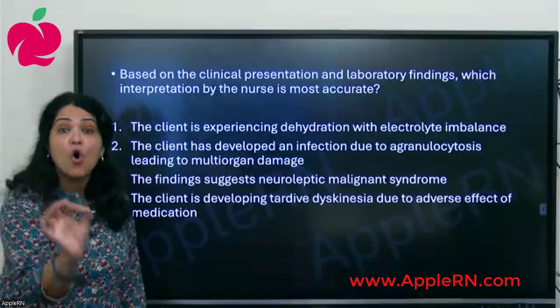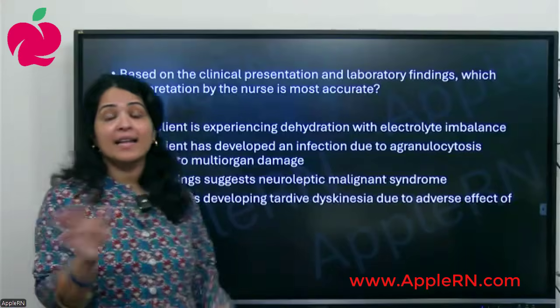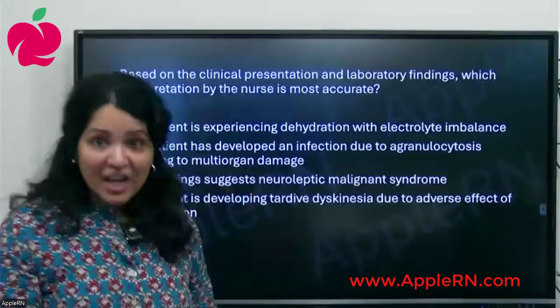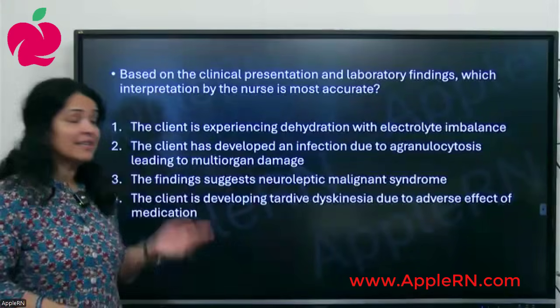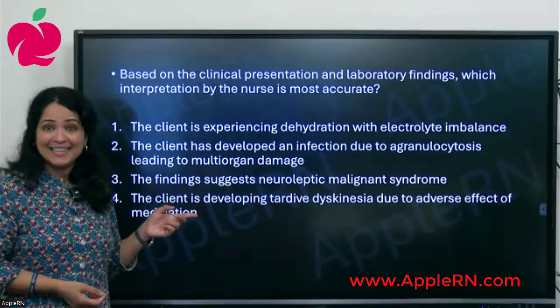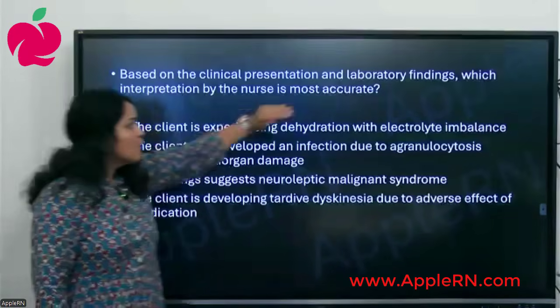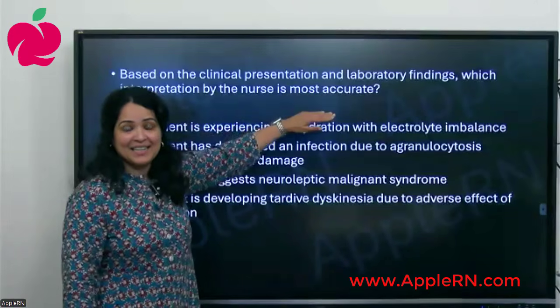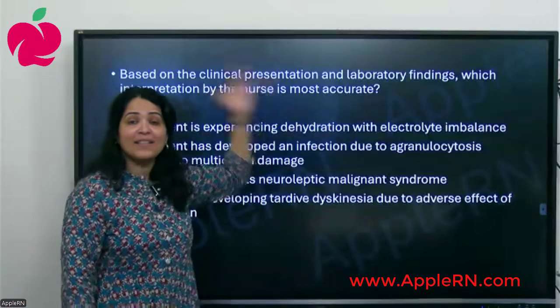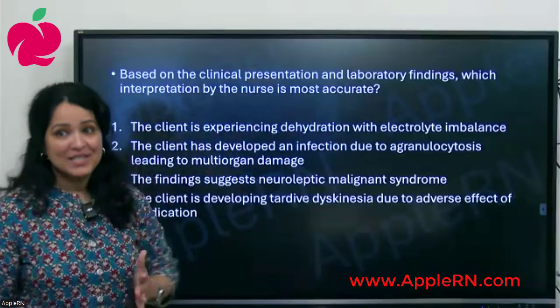It says most accurate. I'm not saying that they don't have any electrolyte imbalance. There is electrolyte imbalance, but this is not a select-all-that-apply question. We have to select only one, which is most accurate, focusing on the medication which is given.